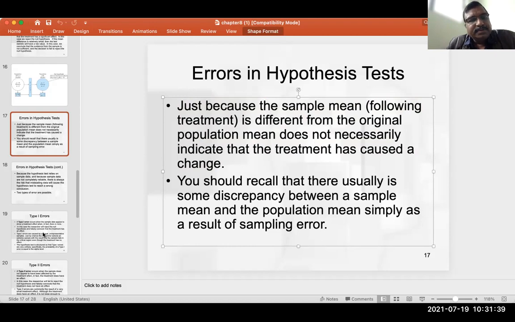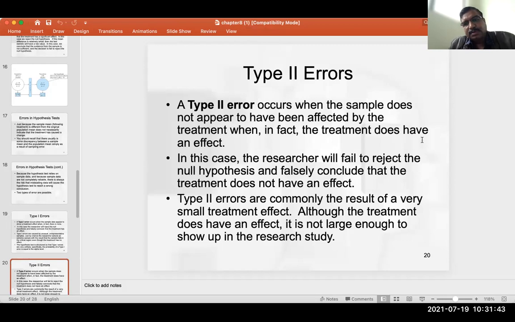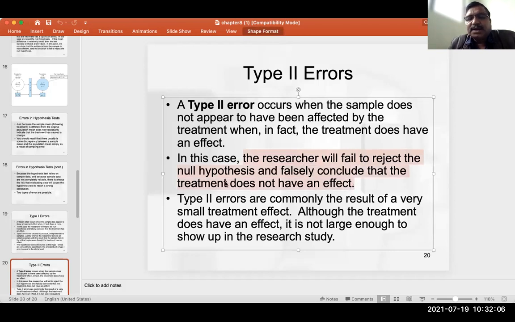So already we have discussed the type 1 error. What is the type 2 error? Type 2 error occurs when the sample does not appear to have been affected by treatment. That means you are going to accept the null hypothesis, but in reality we should have rejected it. In other words, the researcher failed to reject the null hypothesis and falsely concluded that the treatment doesn't have any effect.